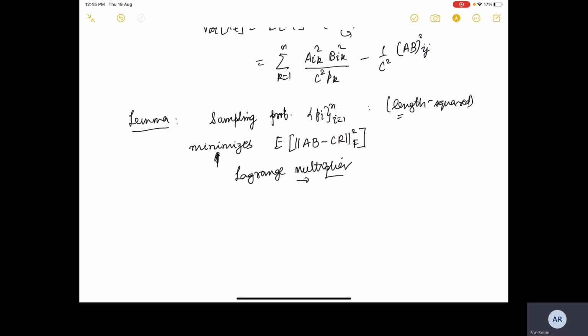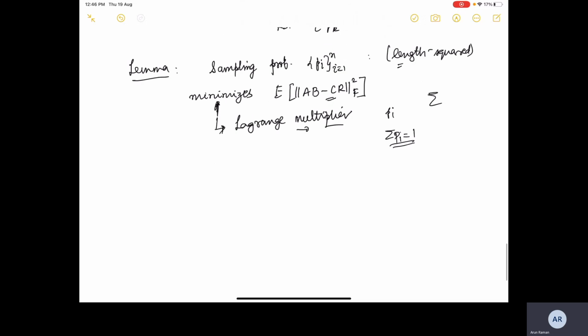This becomes an optimization problem, and the proof uses the Lagrange multiplier method. We want to find the p_i's, which are constrained to sum to 1, so this is an equality constraint. The rest follows through lots of sum interchange: when we express the Frobenius norm we get lots of summations, we interchange the sequence of summations, and eventually we get the result.